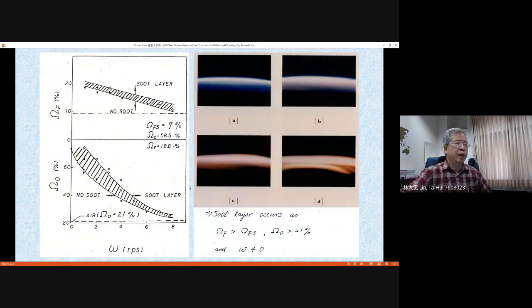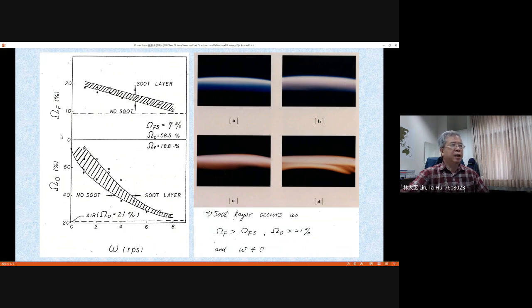The left-hand side tells you the experiment results. The horizontal line represents the flow conditions, the rotation speeds in RPS, rotations per second. Okay, rotation speed omega we start increasing from 0 to 8 RPS.